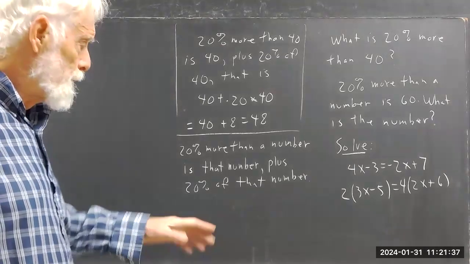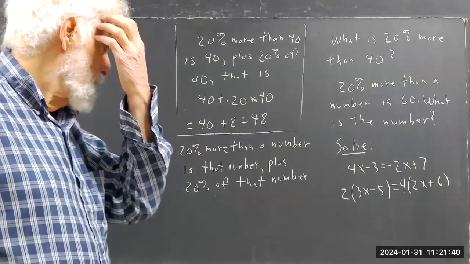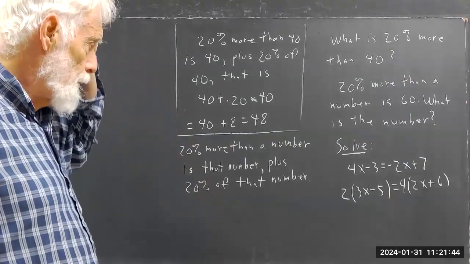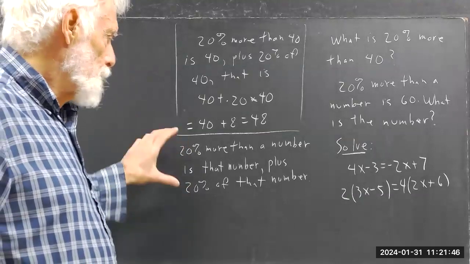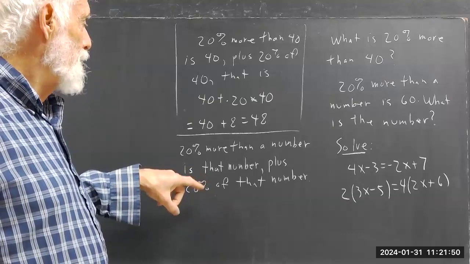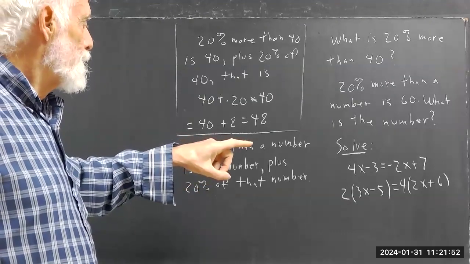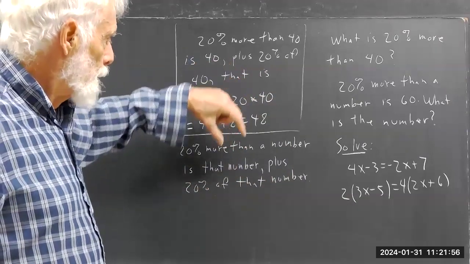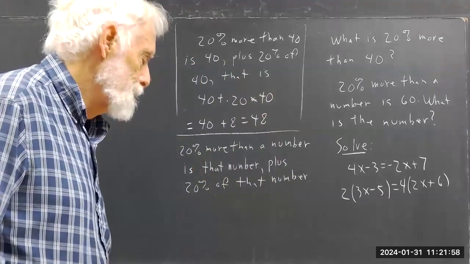Do you understand how that's a little bit of improvement over most of the statements that I saw, although some of them were pretty close? You got to say whatever the number is plus 20% of the number, and referring back to that number does it.